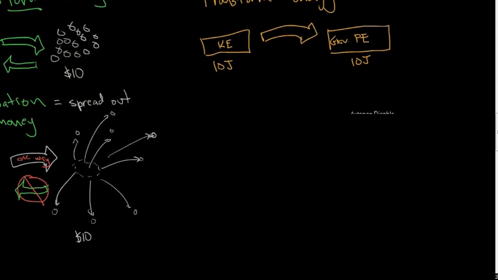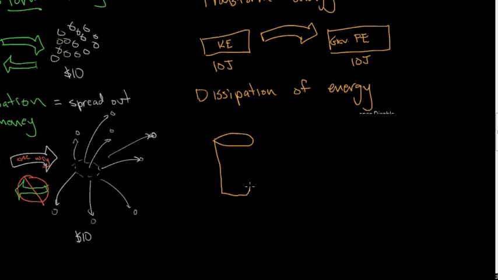So when we have dissipation of energy, a good example is that if we start with a cup of hot water, it has a lot of energy in it to start with. Let's say it has 10, we'll just keep using 10 joules of energy. But what happens is after some time has passed, that energy from the cup has spread out.